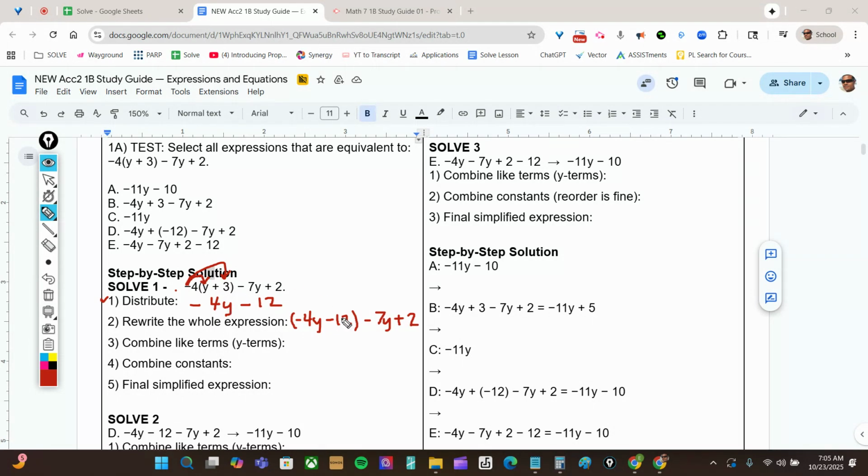We're just rewriting. Then we would combine the like terms, the y terms. So we got a negative 4y, it's minus 7y. Okay, so we're going to add the opposite, which is going to give us a negative 11y.